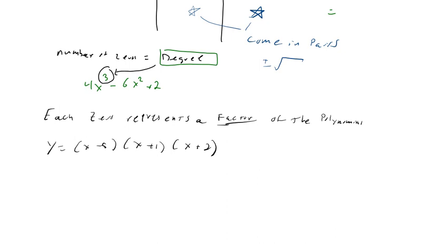So these are factors. This is a factor. The little parenthesis you have is one of the factors of the polynomial. It's how you break apart the equation. If you have a whole equation, you're looking to see if you can break it into these parentheses. So each of these factors represents a zero.